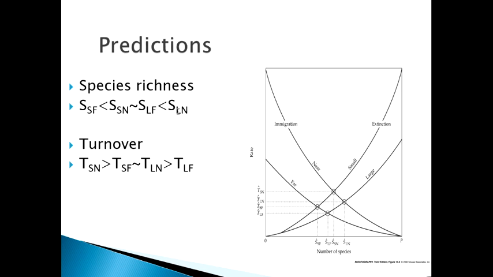Again, this makes sort of logical sense, and this is what they showed. So the top part of this, the relationship between number of species and whether an island is small or large or near or far, that's what you need to remember. The turnover rates then, remember we get that by plotting up to where these things cross in the scissors diagram and over here. The turnover rates reflect this as well in a different pattern.